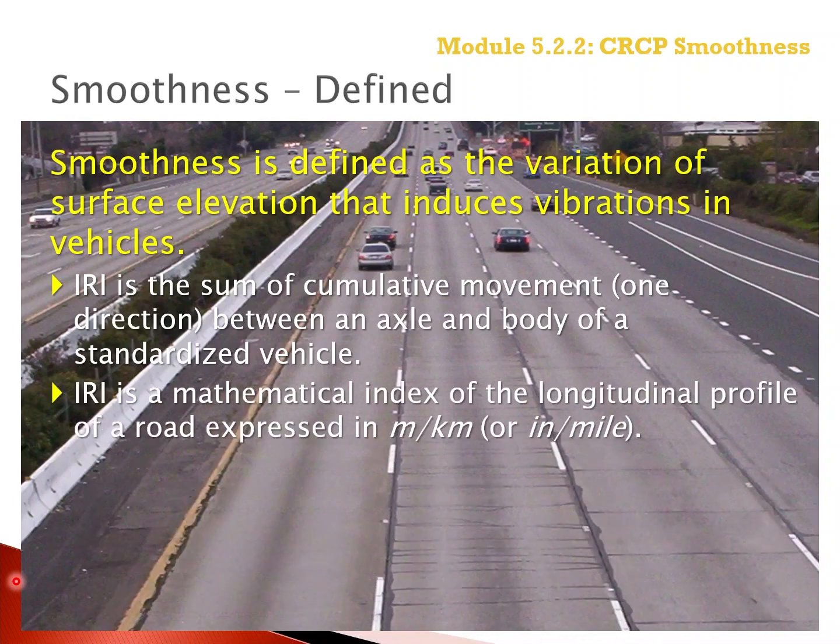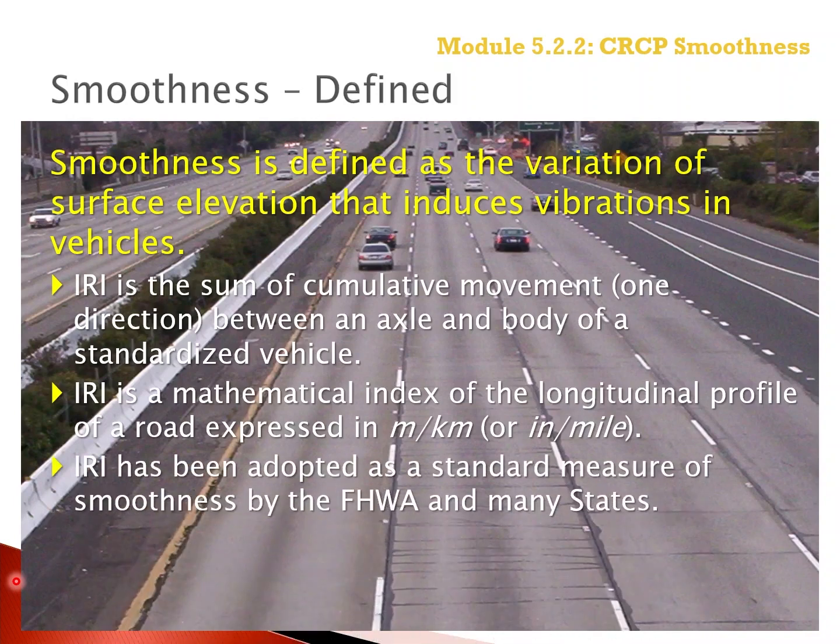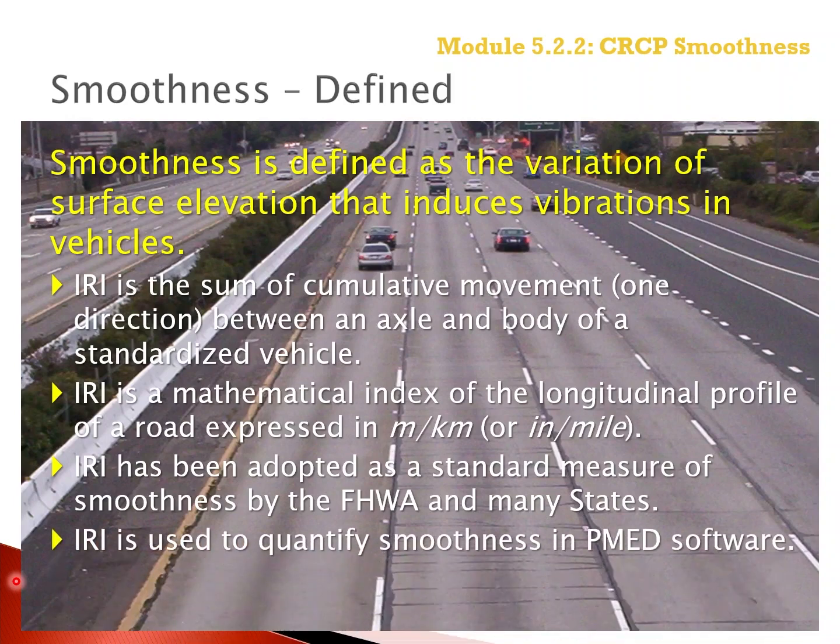IRI is a mathematical index of the longitudinal profile of a roadway expressed in meters per kilometer or inches per mile. IRI has been adopted as a standard measure of smoothness by the FHWA and many state highway agencies.